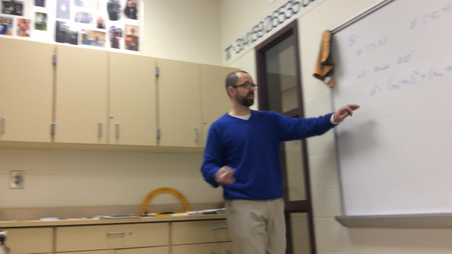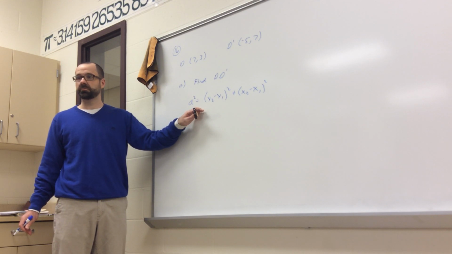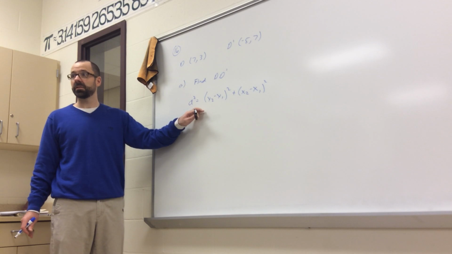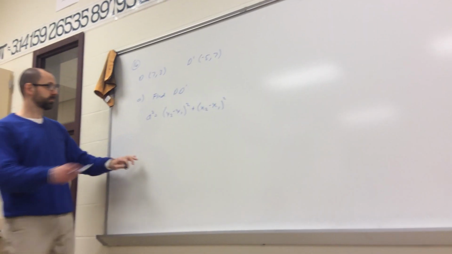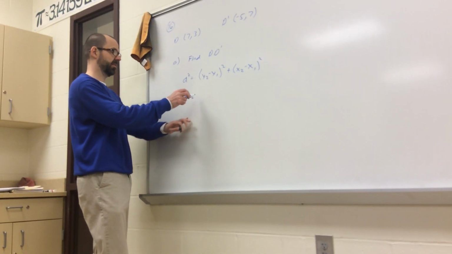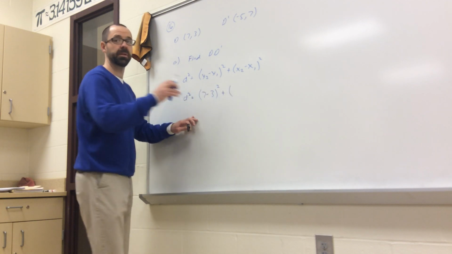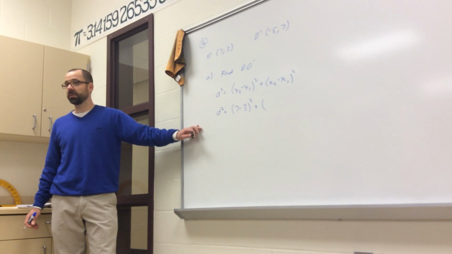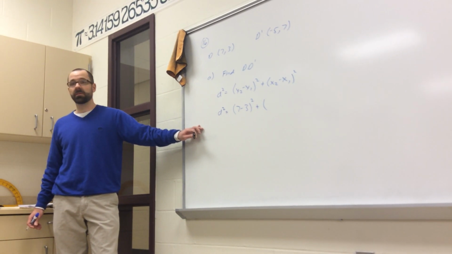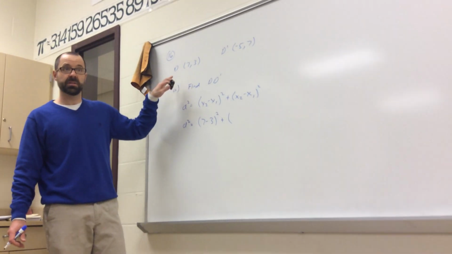All right, so how do I start this off then? Good. So the y's are 7 and 3. So it'll be D squared equals 7 minus 3 squared plus and then the x's are -5 and 7.